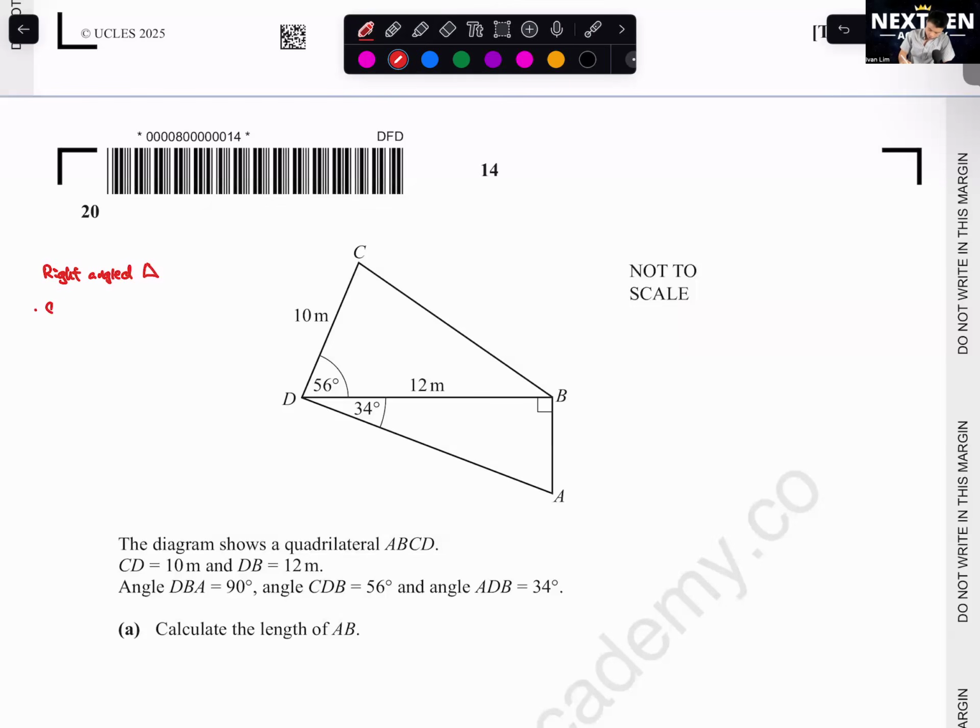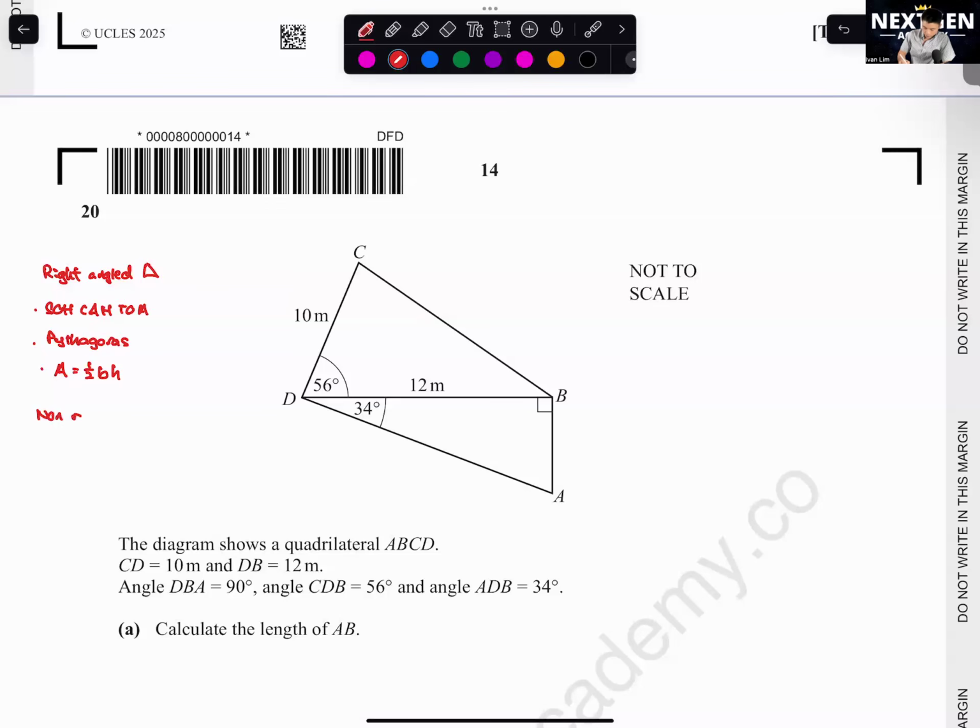We use SOHCAHTOA, we can use Pythagoras, and area is half times base times height. Normally, you write down first so you can look back into the formula here.